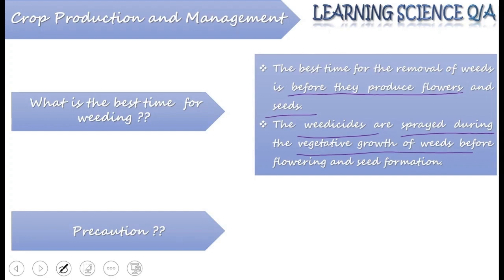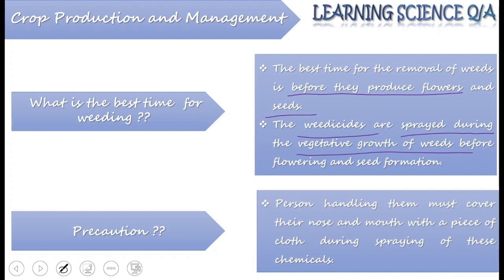During weeding or during the use of weedicide, is there any precaution that we are supposed to take? Yes, because always remember, weedicides are chemicals, just like pesticides, insecticides and rodenticides.